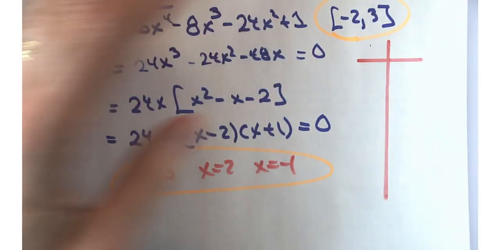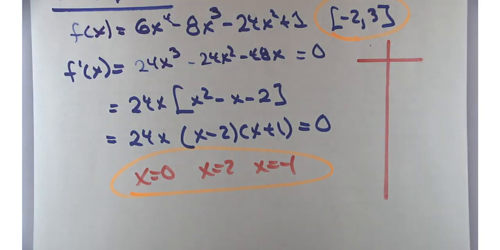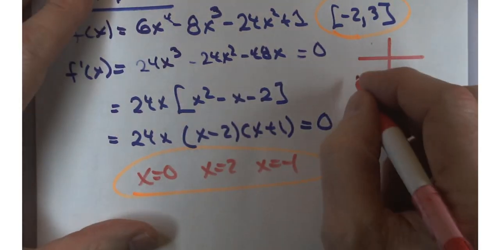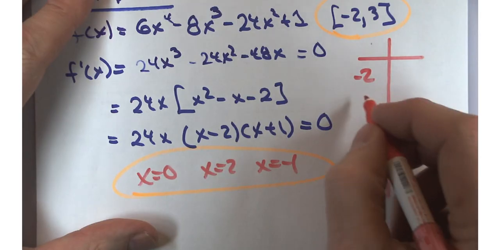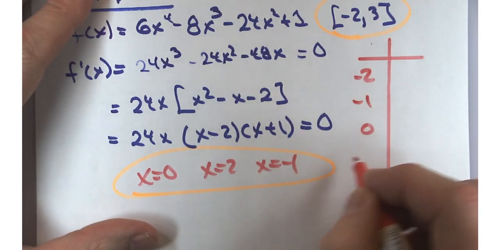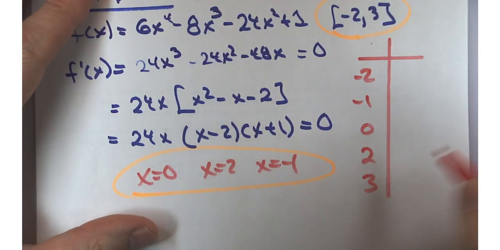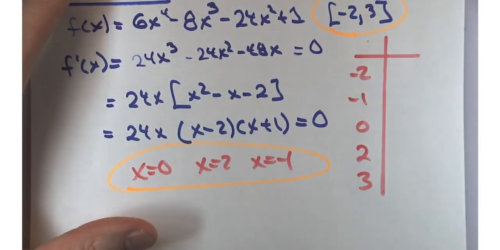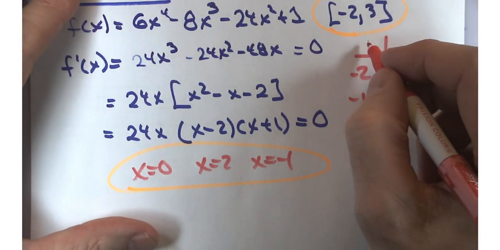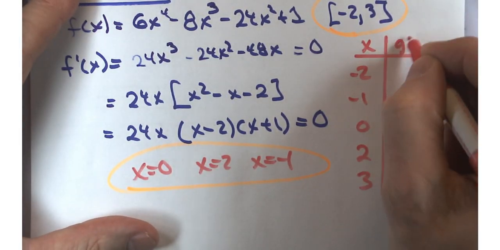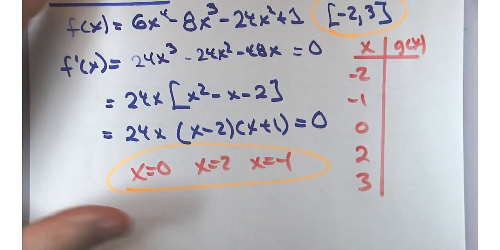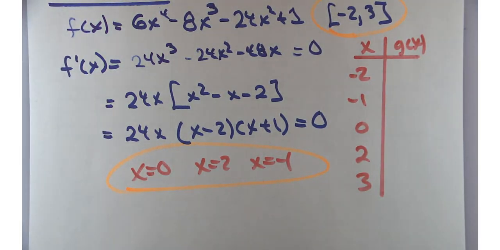And I'll put them in order for myself. Let's see. I want to go from -2 to -1 to 0 to 2 to 3. Now you may get the idea that, oh, I'll just put in all the integers. I don't want to see that. What I want to see is you evaluating exactly and only the points that we need to, which would be these particular values. So let's take a look when we do that.